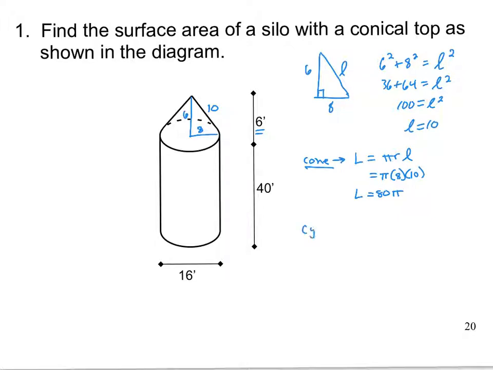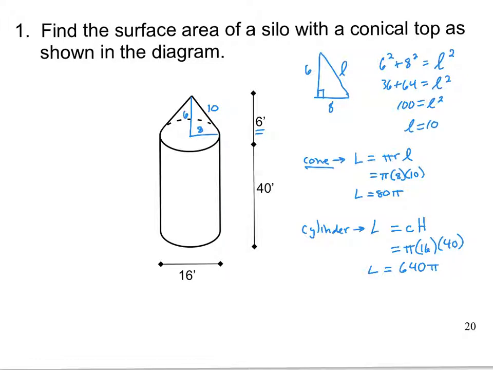So for the cylinder, L is going to equal the circumference times the height, and the circumference, if you know the diameter, is pi times diameter, and my diameter is 16, and my height is 40. So altogether, my lateral surface area is 640 pi.